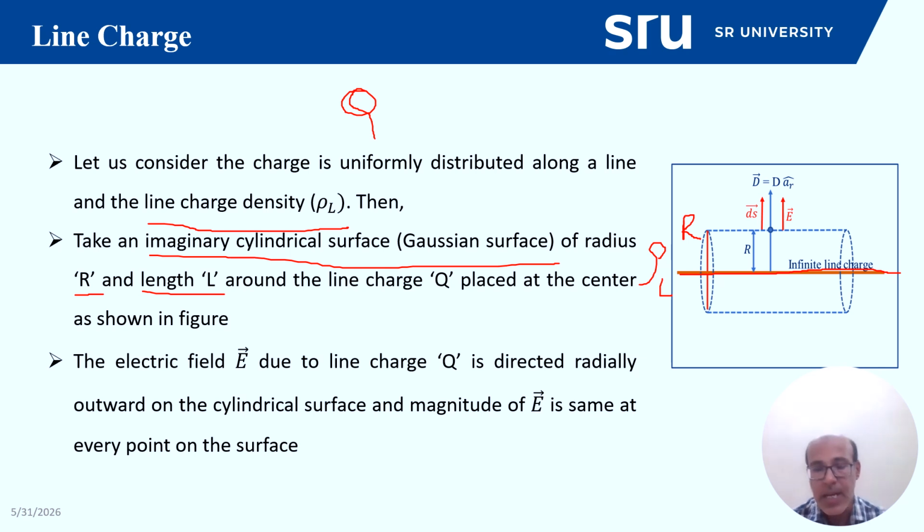Now, whenever there is a line charge, definitely there will be electric field intensity. Just as with a point charge, even with a line charge there will be electric field intensity. Suppose you keep a charge here, it experiences electric field intensity; either it is attracted or it is repelled.